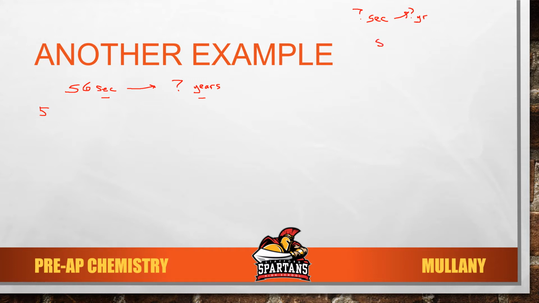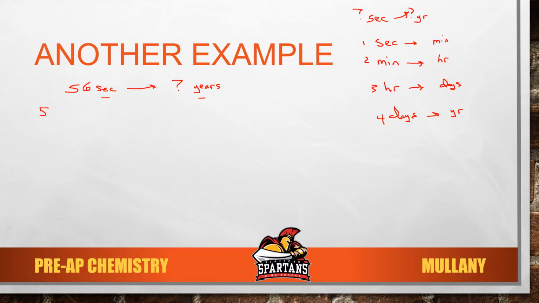But we can go from seconds to minutes, and then from minutes to hours, and then from hours to days, and then from days to years. So we have 1, 2, 3, 4 steps. We need to do 4 conversions to answer this question, but every conversion is just the same as the others.